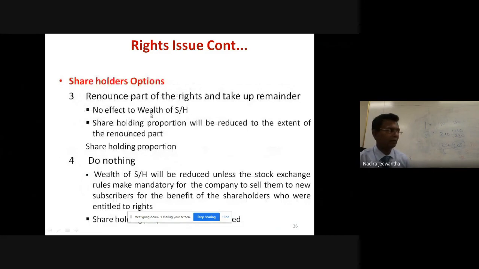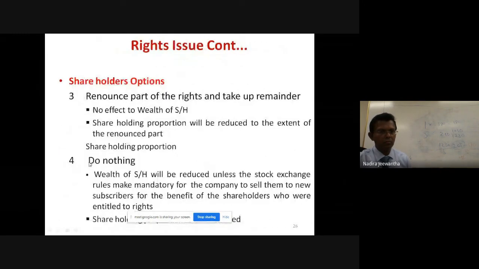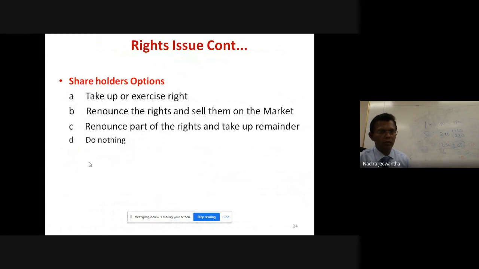And we have done this, right? So when you don't subscribe, your shareholding is diluted. Now, shall we take an example and see how it works when rights are not subscribed? Your shareholding percentage is diluted.